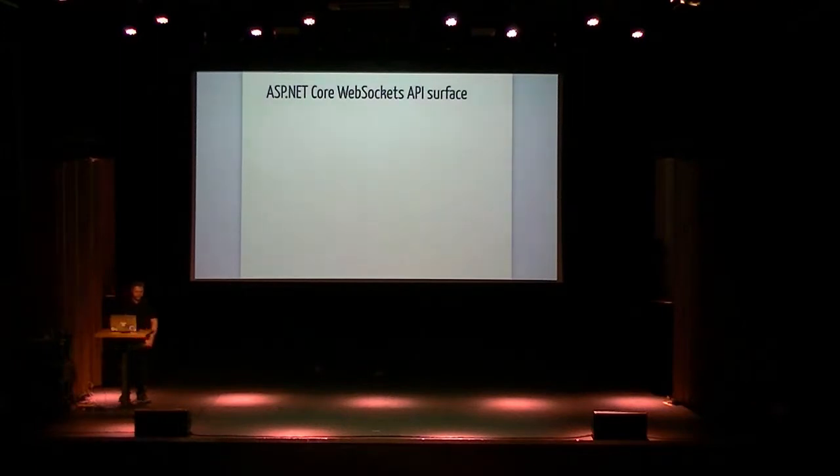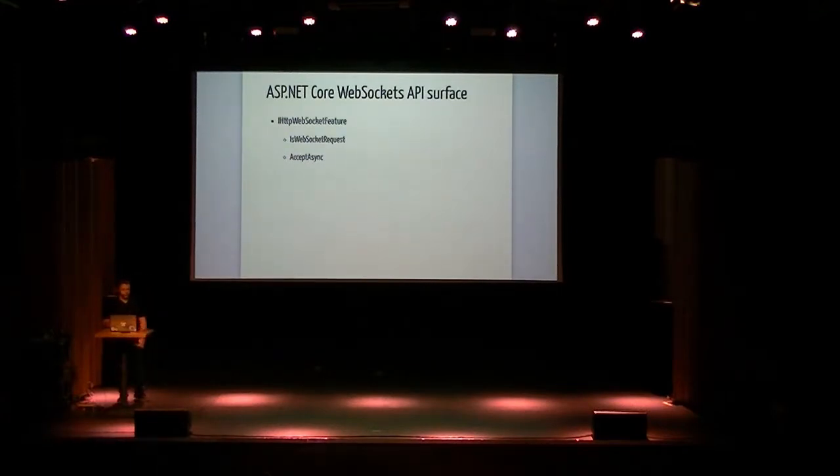And ASP.NET Core delivers the API to use WebSockets in two parts. First part is a feature. Those of you who are a little bit more familiar with ASP.NET Core architecture probably know that features are abstractions of server capabilities.